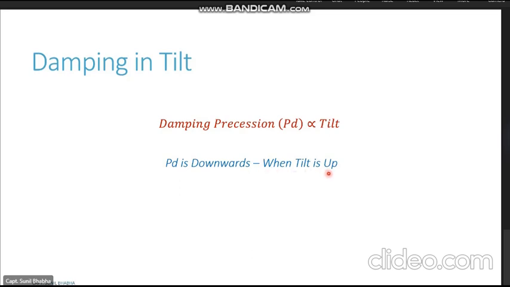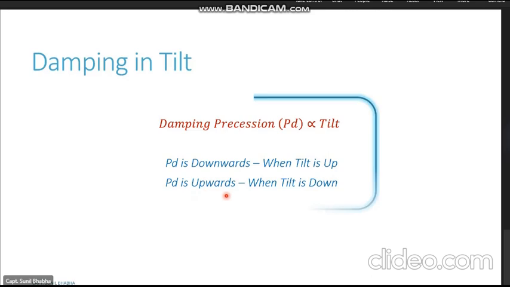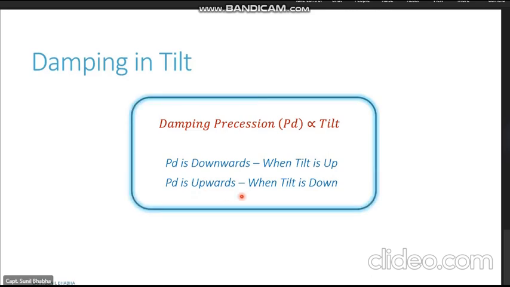Whenever the spin axis is above the horizon, the damping precession acts downwards and the damping precession is upwards when the tilt is down. Whenever the spin axis is pointing below the horizon or when the tilt is down, the damping precession is acting upwards. So clear beta, this is clear.